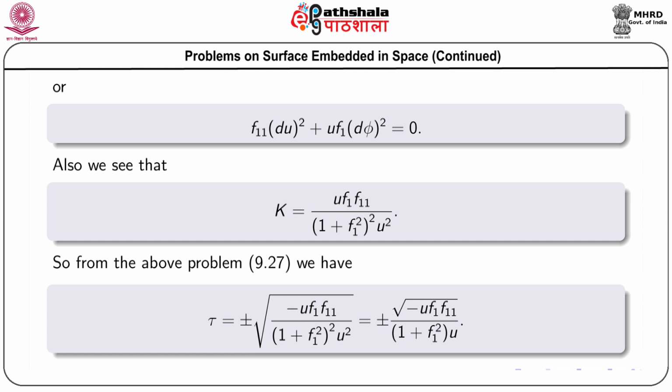So, putting the value of k, we find the torsion of the asymptotic lines, that is plus minus root over minus u f1 f11 by (1 plus f1 square) whole square u square, which comes to plus minus root over minus u f1 f11 by (1 plus f1 square) u.